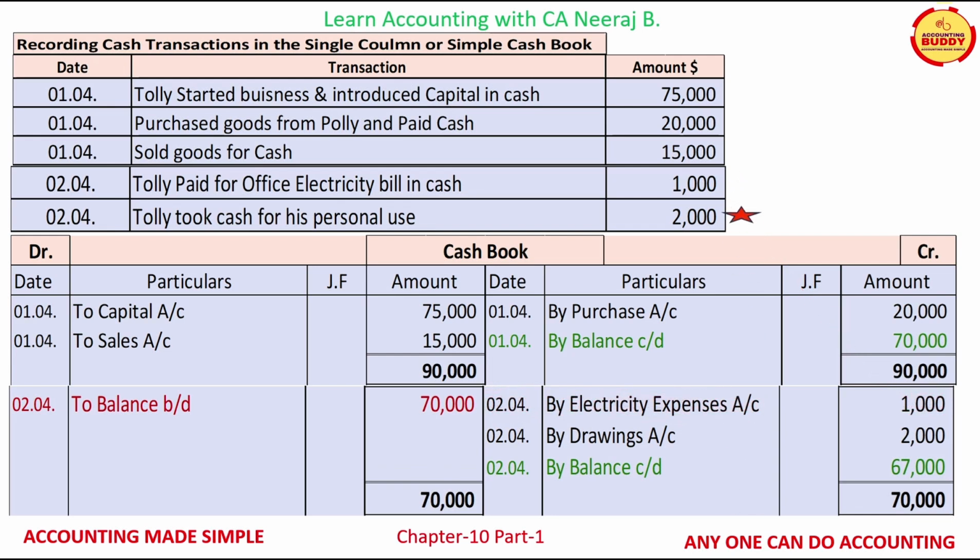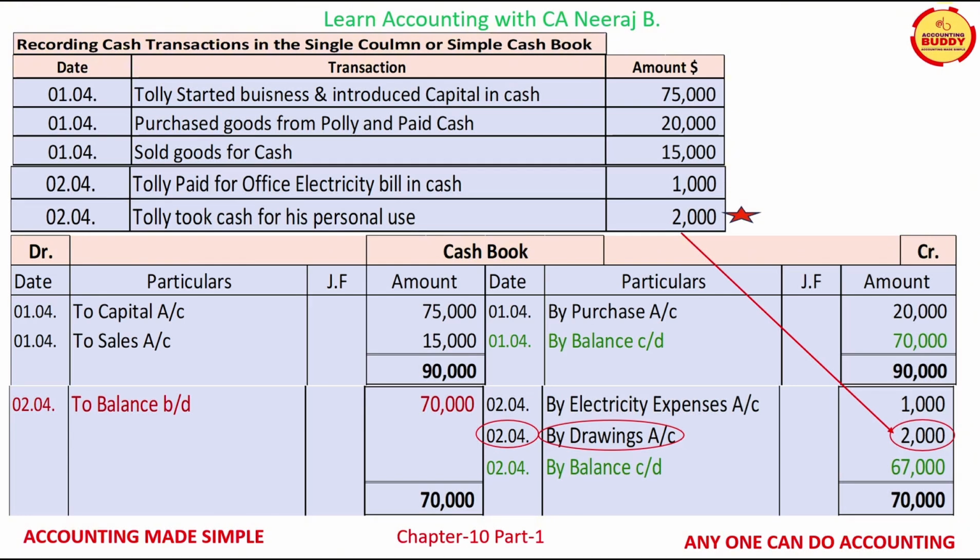Again on 2nd April, Tolly took cash amounting to $2,000 for his personal use. This cash outflow entry of $2,000 will be recorded on the right hand credit side of the cash book on 2nd April by writing the words by drawings account.